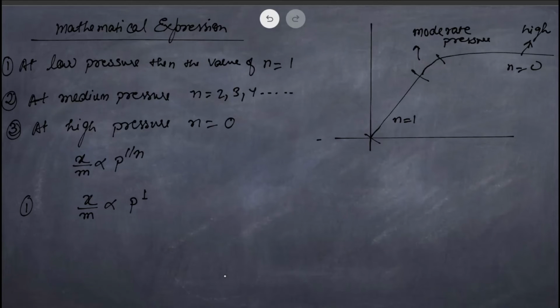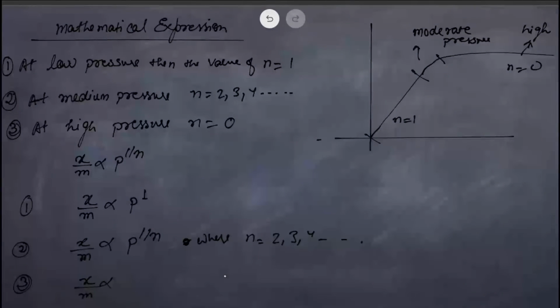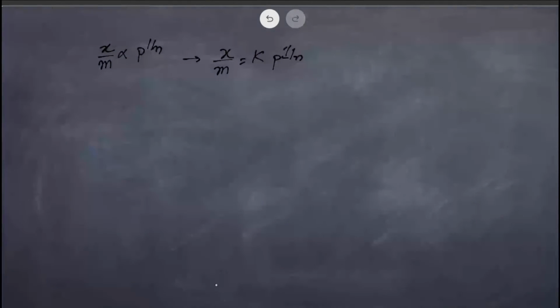For the second, x by m is directly proportional to p to the power 1 by n, where n equals 2, 3, 4. According to the third, x by m is directly proportional to p to the power 0. So how can we write this mathematically? We can say x by m is directly proportional to p to the power 1 by n, and x by m equals k p to the power 1 by n.